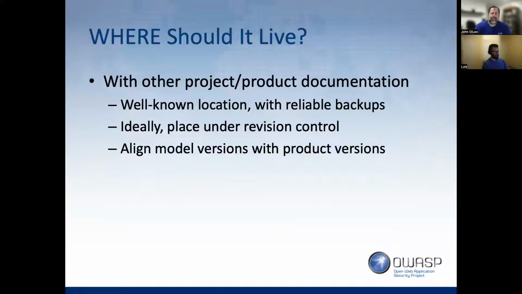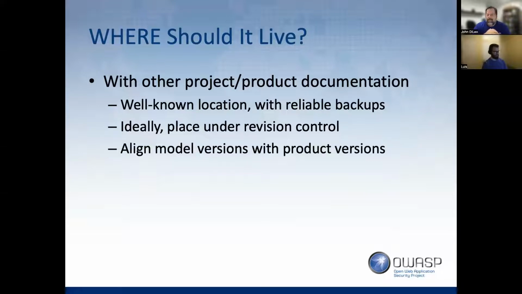Where should this thing live? I'm stating a few obvious things. It should be in a well-known location. You want reliable backups. Source code repository comes to mind immediately. Version control is great. Having model version names aligned with product version names is a really great way to keep track of them.